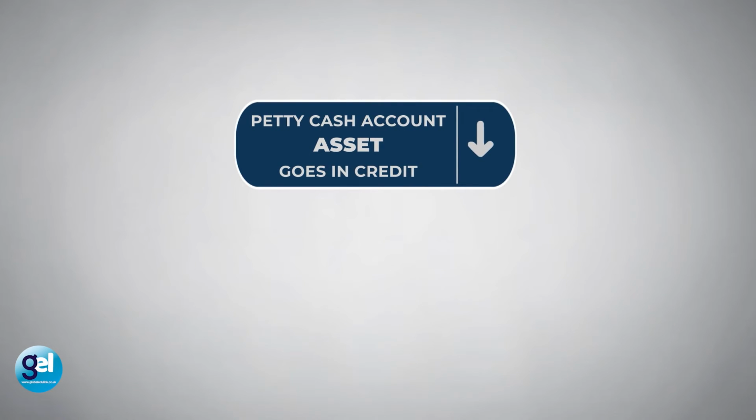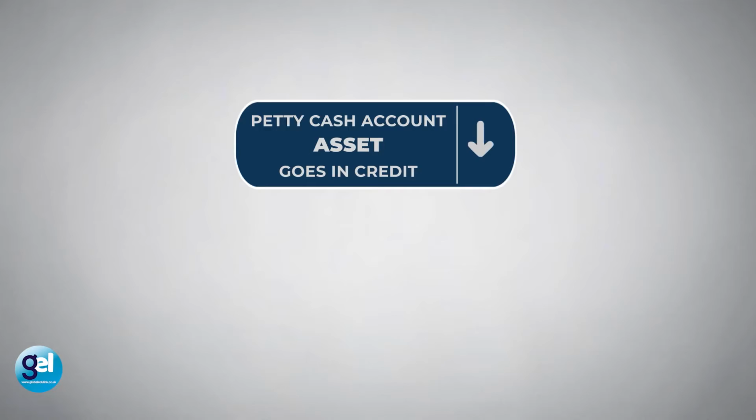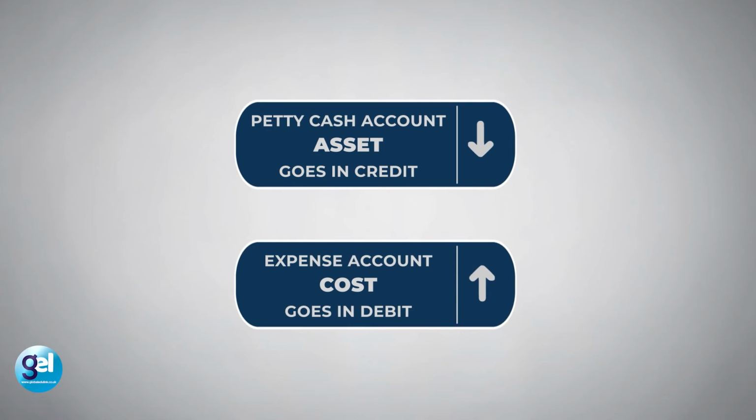So being an asset, if we are giving our staff some vouchers, for instance lunch vouchers, so we are paying them lunches or travel expenses through our cash in hand, our petty cash account, what will that mean in accounting? The petty cash account is an asset, so if we reduce it, because we are reducing the amount of physical money that we've got, that will go in credit. The other part, which is a cost, travel, subsistence, will go in debit.